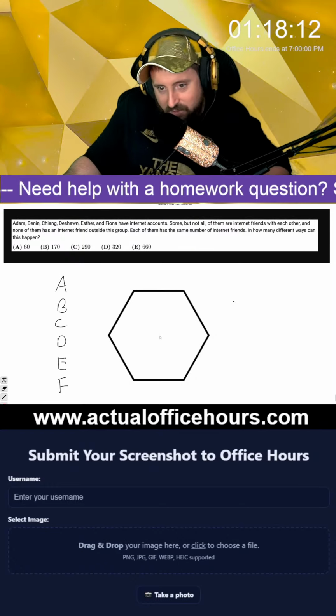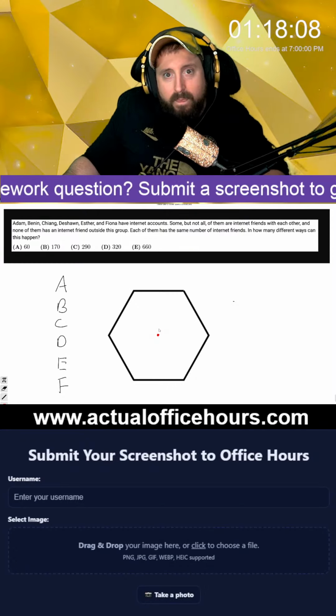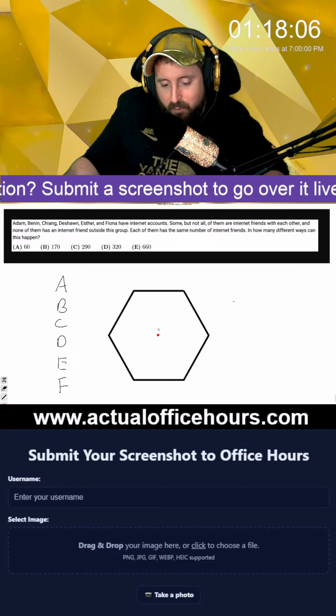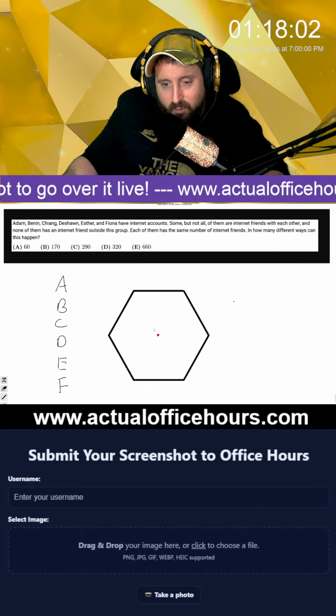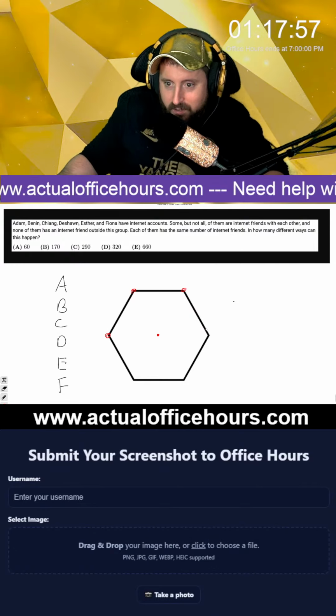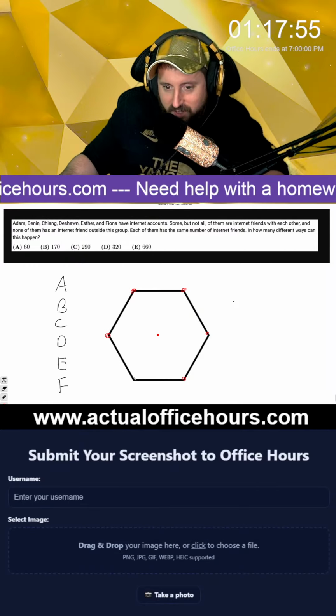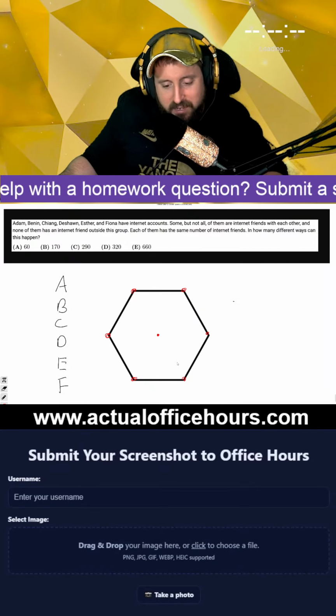This is advanced. Connect the 6 points in different ways. Well, this has 6 points, right? 1, 2, 3, 4, 5, 6. Then how do we get 15 out of this?